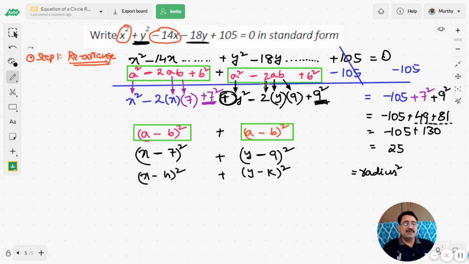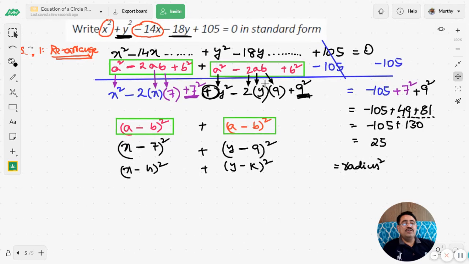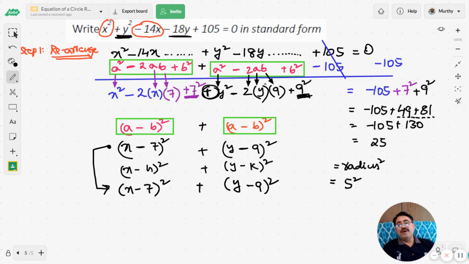So you can guess this one easily and say that it should be 5 square. Does it make sense? Yes. Therefore, x minus 7 square, this is what I'm copying once again, plus y minus 9 square equals 5 square.